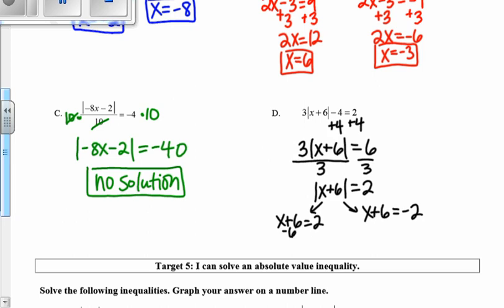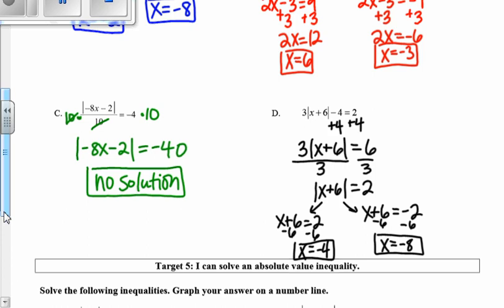So subtracting 6 here, I get x equals negative 4. And then over here, if I subtract 6, I get x equals negative 8. And that is target 4.